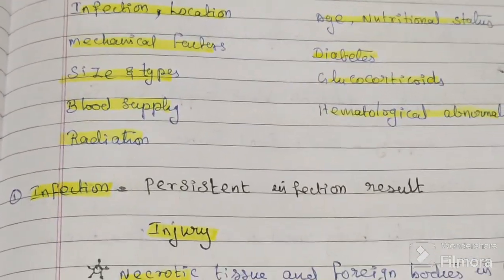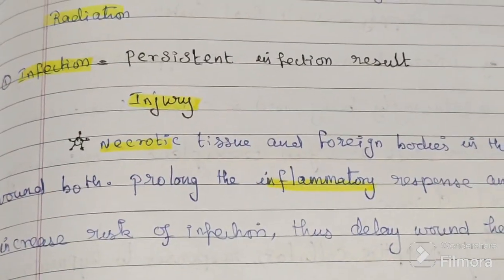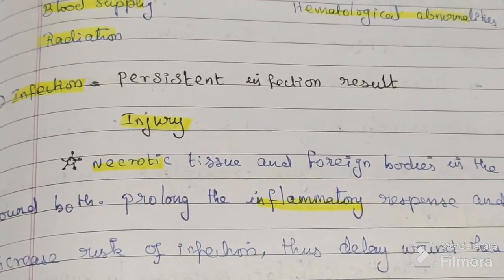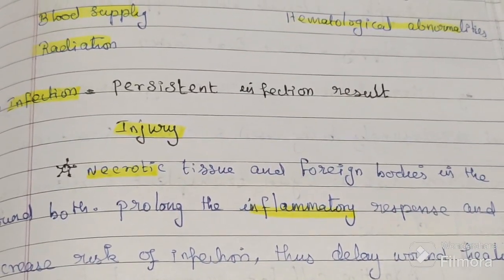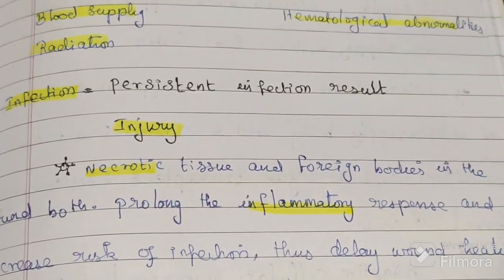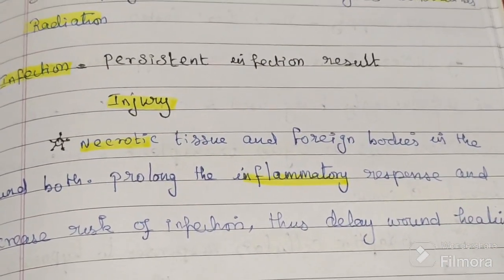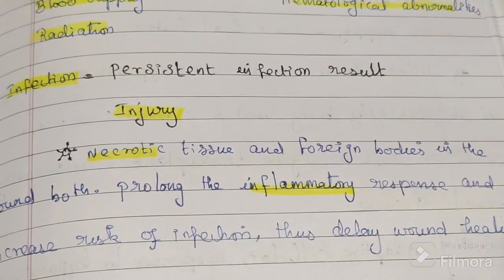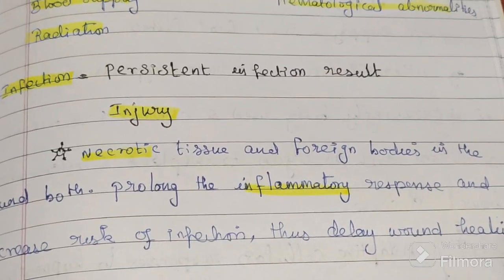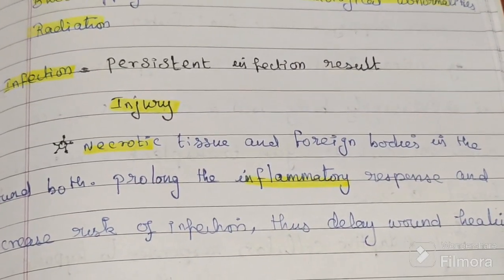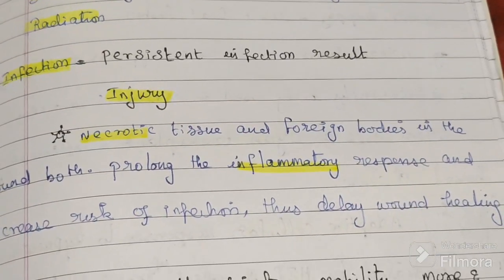So for local factors, the first one is infection. Infection is responsible for delay in wound healing. Whenever there is persistent infection, we all know that persistent infection results in persistent inflammation, and that results in delayed wound healing.